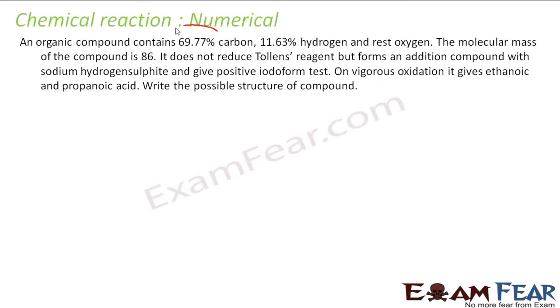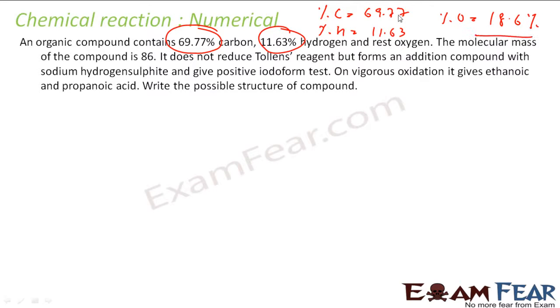The question says an organic compound has 69.77% carbon, 11.63% hydrogen, rest oxygen. That means percentage carbon is 69.77, percentage hydrogen is 11.63 given. So percentage oxygen is the rest, that is 100 minus 69.77 minus 11.63, you get 18.6%.